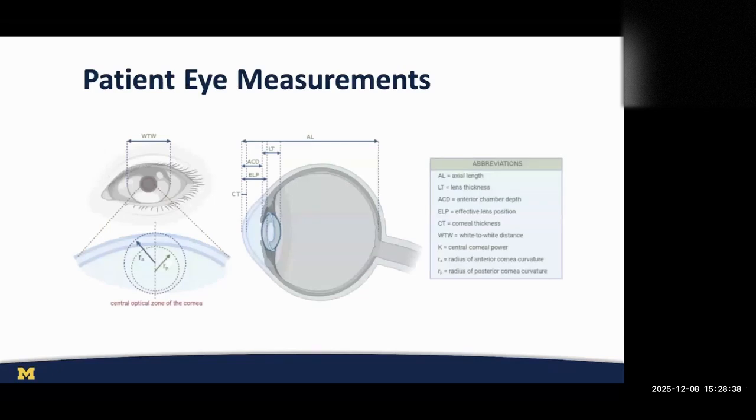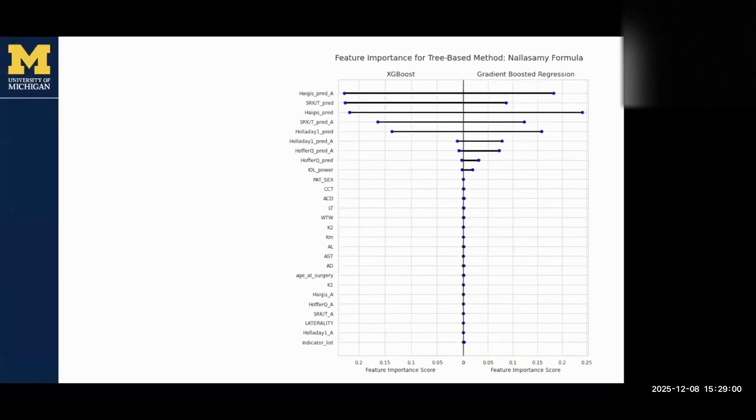All intraocular lens formulas are given patient eye measurements, such as axial length, lens thickness, corneal thickness, etc. These are the features which I expected to be the most important in this Nalisamy model. But that's not what I found.